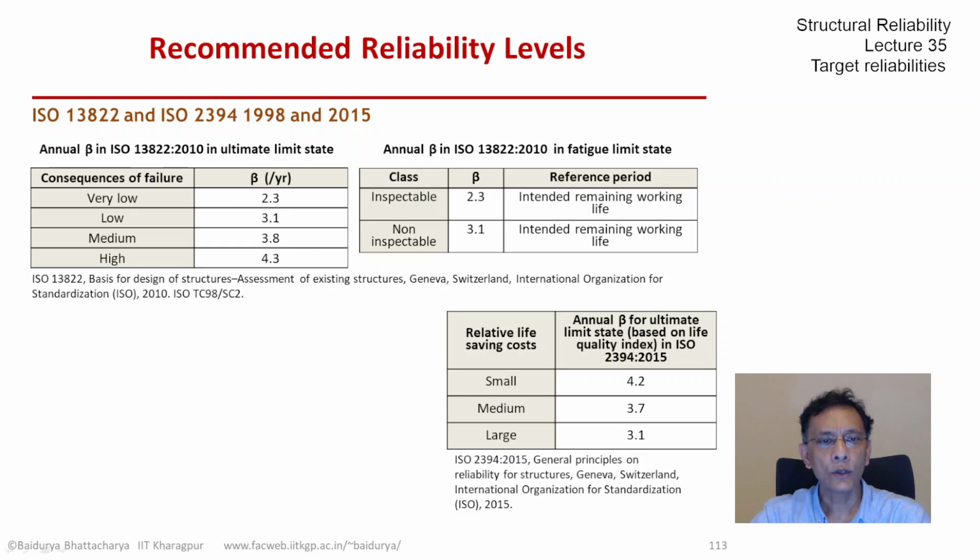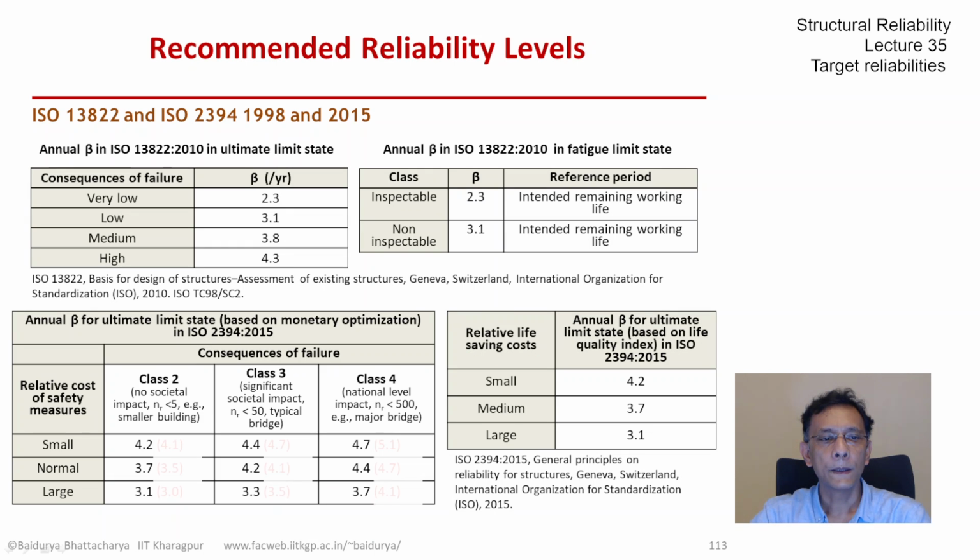Now, one could also look at the annual beta values, the target beta values, based on monetary optimization. And that's the other table provided in ISO 2394 of 2015. And here we see, as before, we have seen consequences of failure, different levels, and different costs of safety measures.